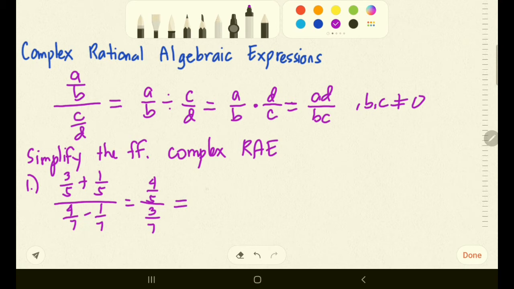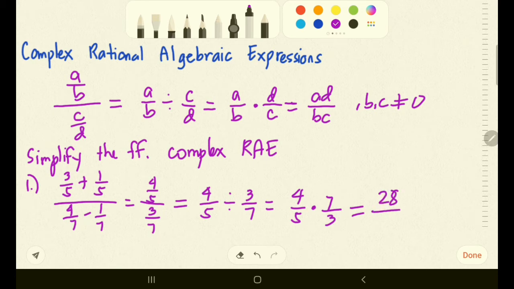And then you simplify, expressing it in division form. So 4 over 5 divided by 3 over 7 equals, change the operation into multiplication: copy the dividend, change the division to multiplication, then the reciprocal of your divisor, which becomes 7 over 3. 4 and 3 have no common factors, the same with 5 and 7, so you just multiply. 4 times 7 is 28, and 5 times 3 is 15.